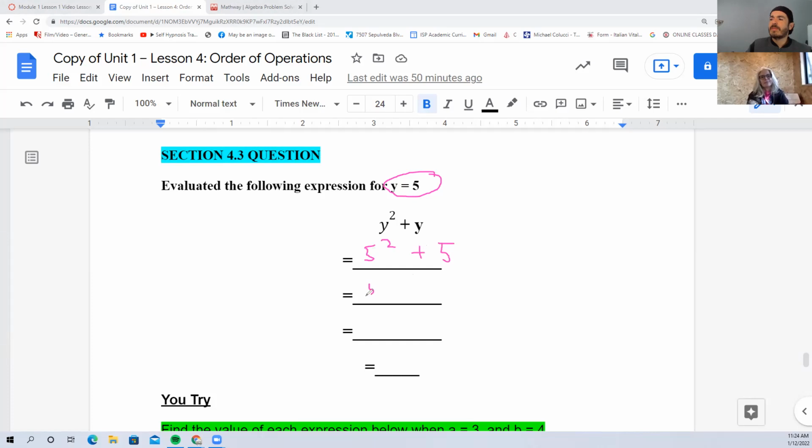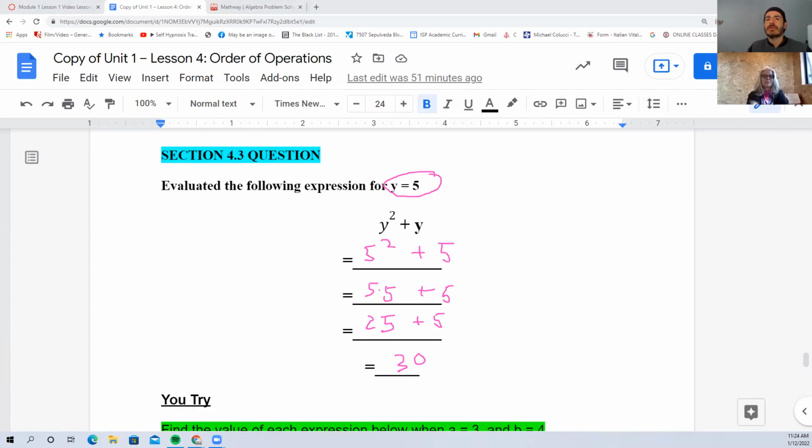What does 5 squared mean? Does it mean 5 times 2, like I like to say? It doesn't. It means 5 times itself twice, or 5 times 5. 25. And that equals 30. Sweet. Okay.